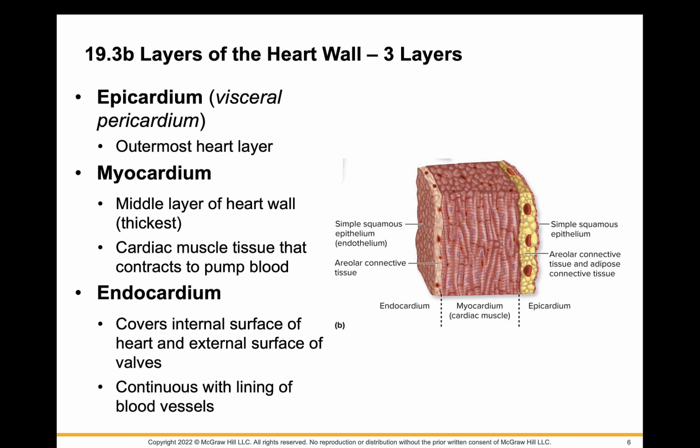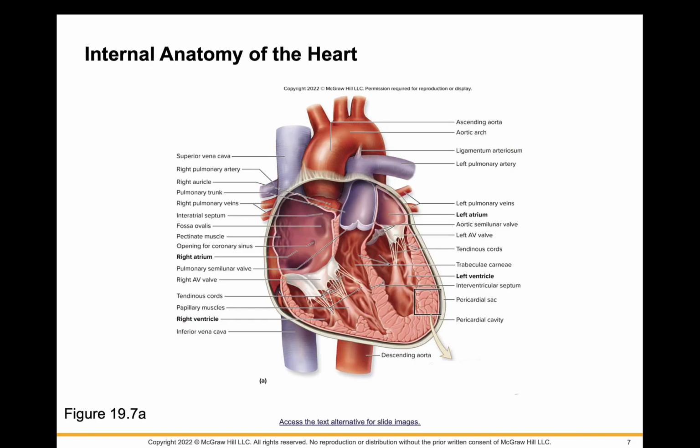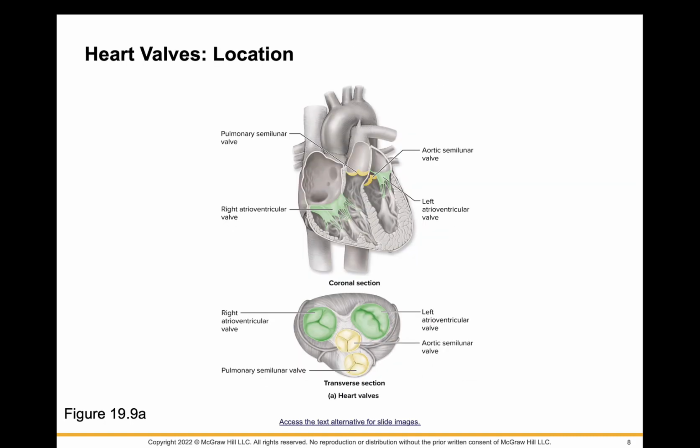Now here we're looking at the internal anatomy of the heart, and I'm not going to spend a lot of time here as this was primarily a lab activity in which we're responsible for learning the primary structures of the heart, both internal and external.